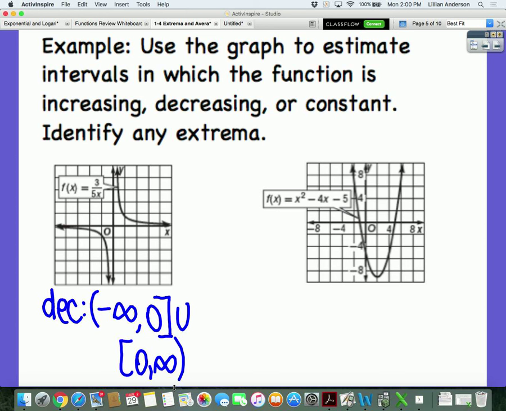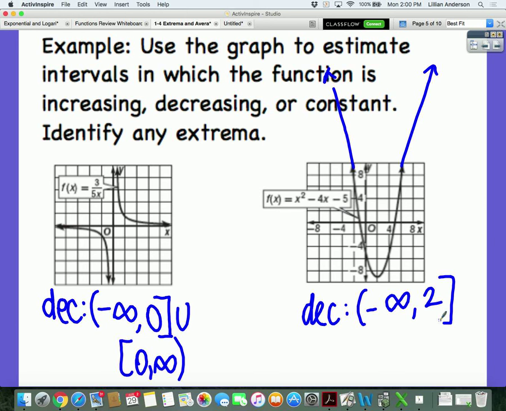What about over here? Reading from left to right. Decreasing. From what to what? Careful. What do those arrowheads mean? Oh, yes. It's going to get bigger and bigger going this way. So from negative infinity to 2.